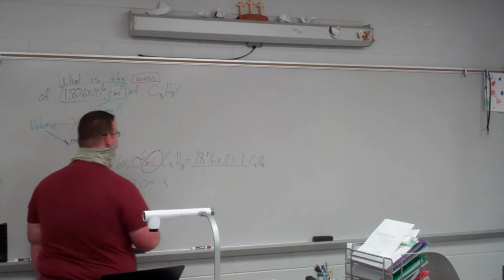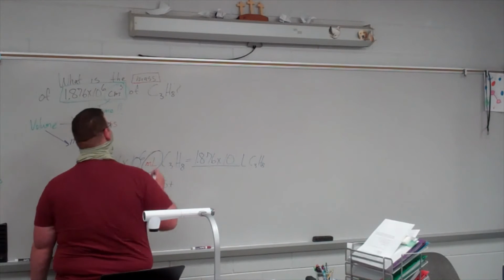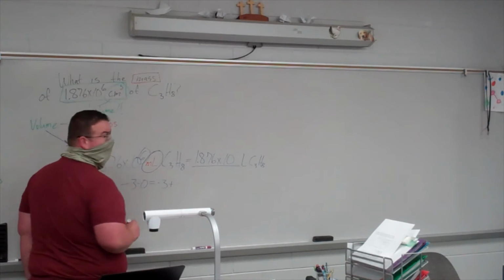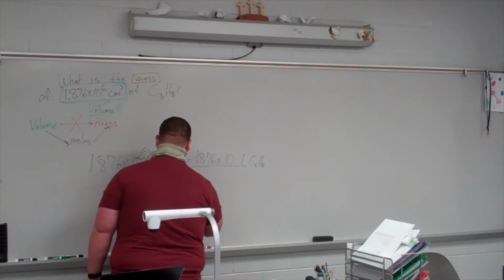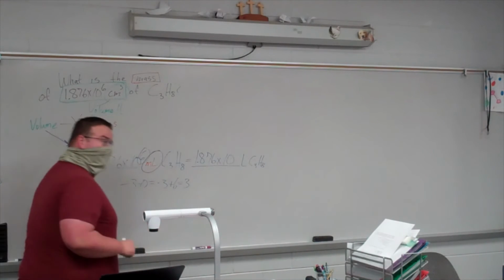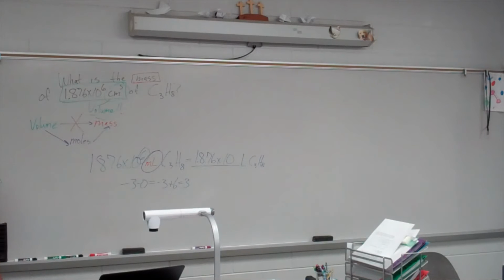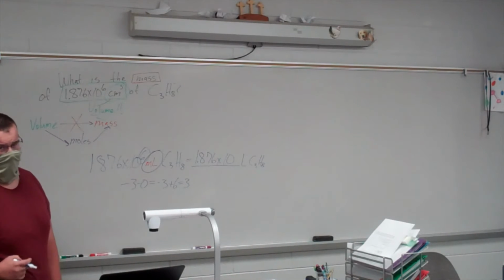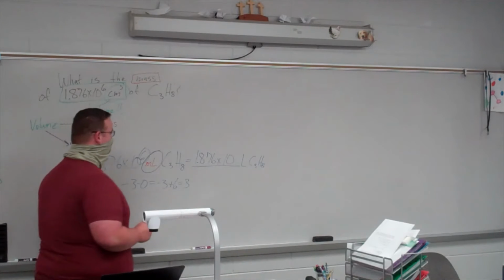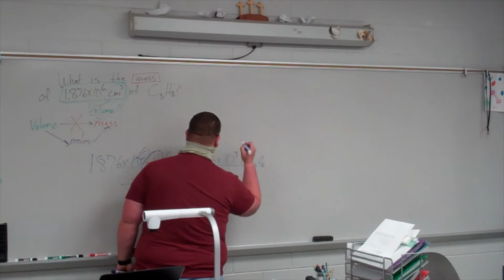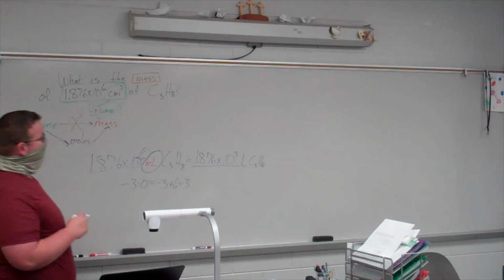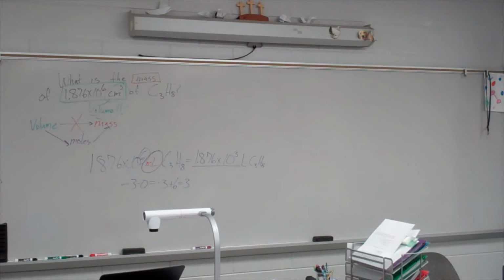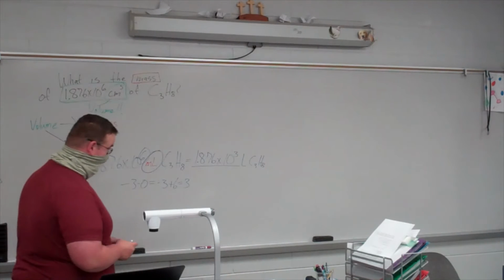But I do have to add the original exponent I started with, which was 6. This is a simple metric conversion, which you should be totally fine with and not freak out about. So we got 1.876 times 10 to the 3rd power liters of propane.